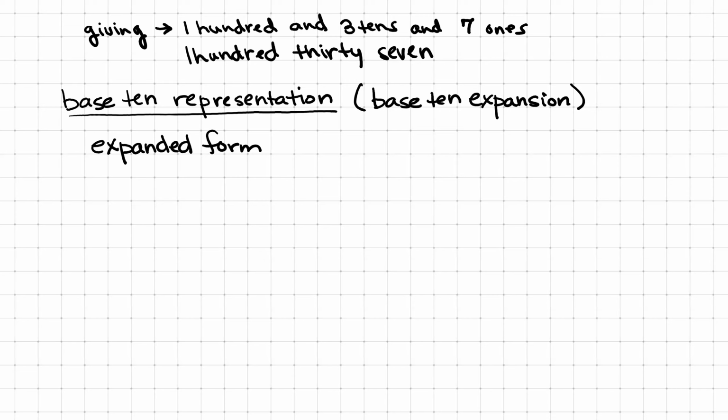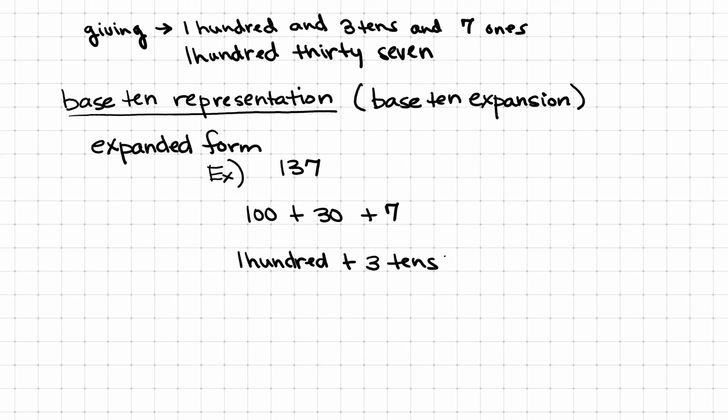So one type of expanded form for 137 would be 100 plus 30 plus 7. Then we could break that down further to 100 plus 3 tens plus 7 ones, as we were talking about previously.